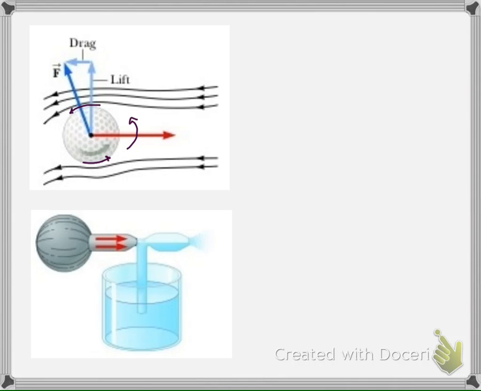So if the ball spins like this, there is friction between the surface of the ball here and the air, and in this case the ball moves in this direction.